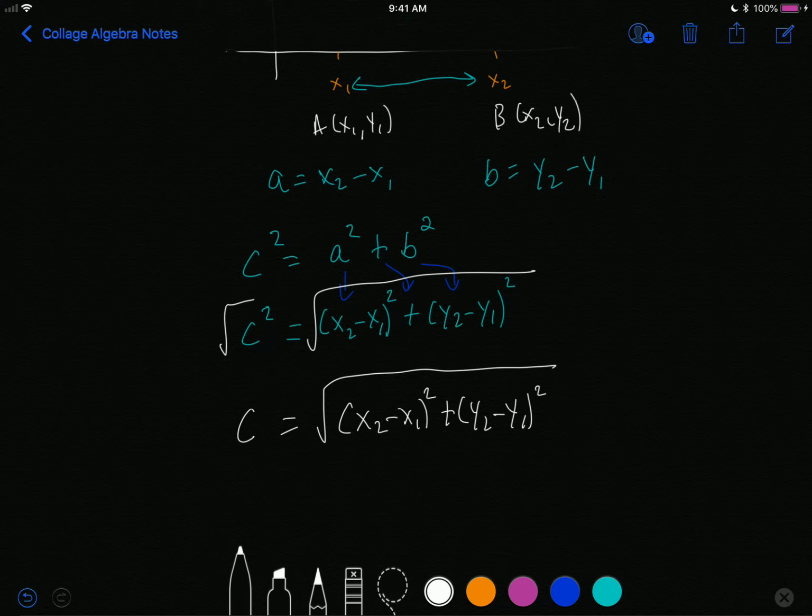Because this is the distance formula, instead of using the letter C, we find it more appropriate to use the letter D. And so this is the formula we have: the distance between 2 points is the square root of (x2 minus x1) squared plus (y2 minus y1) squared right here. And that is your distance between 2 points.